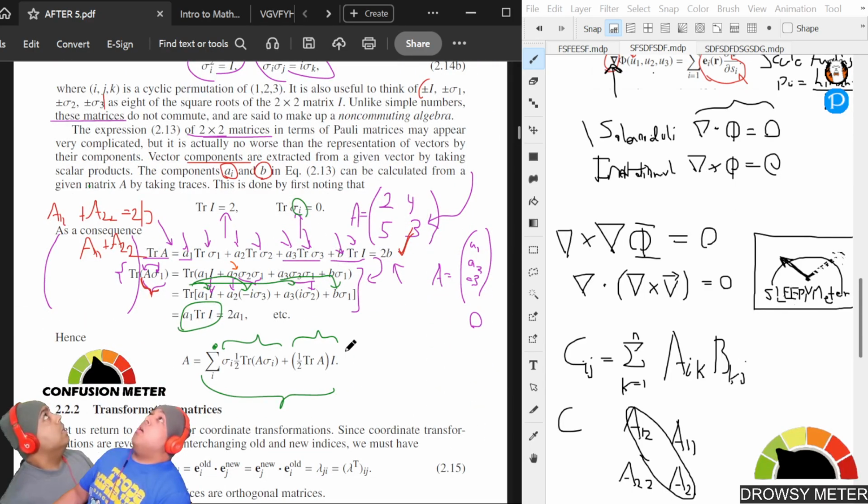Let me write out what I think it is. The trace of A01 equals the trace of row 1.